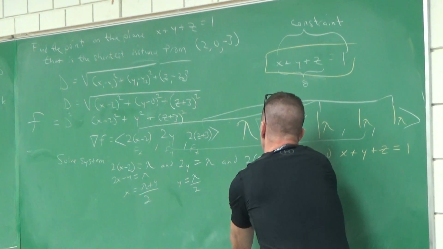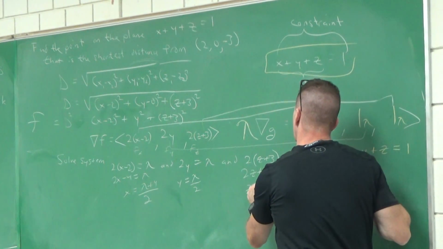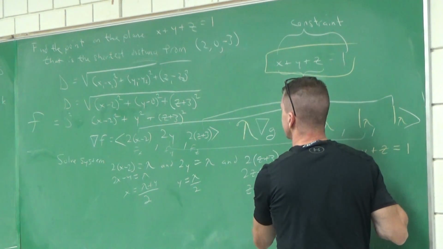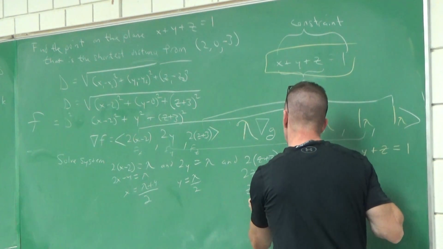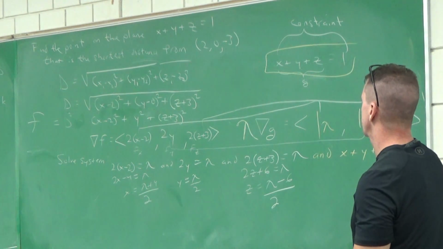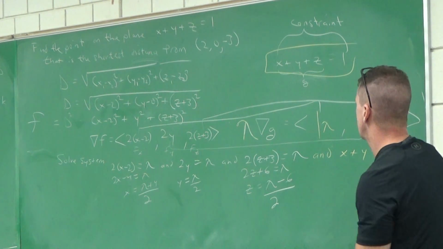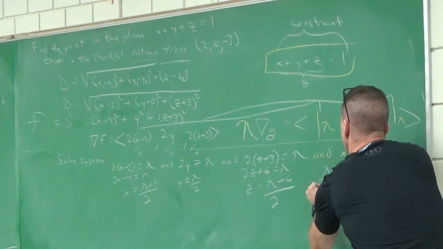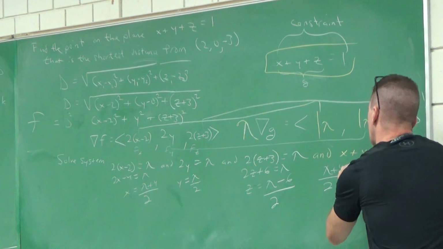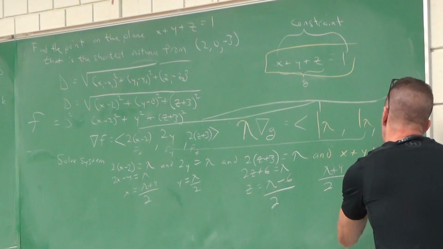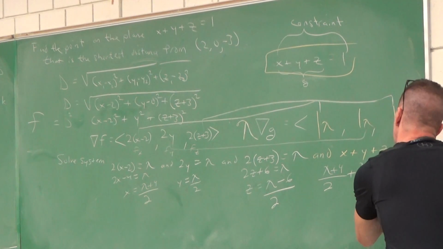So z equals lambda minus 6 all over 2. You ready to jam it in here? Lambda plus 4 over 2 plus lambda over 2 plus lambda minus 6 over 2 equals 1.